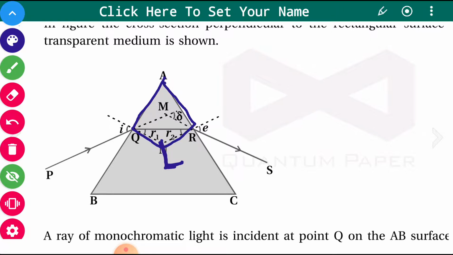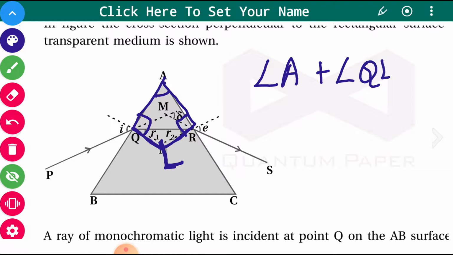Now in a quadrilateral, the sum of four angles is equal to 360. So these two angles are 90 degrees. Then the rest of the two angles, that is angle A and angle QLR, will be 180, because this 90 and this 90, that is 180, has gone out of 360.